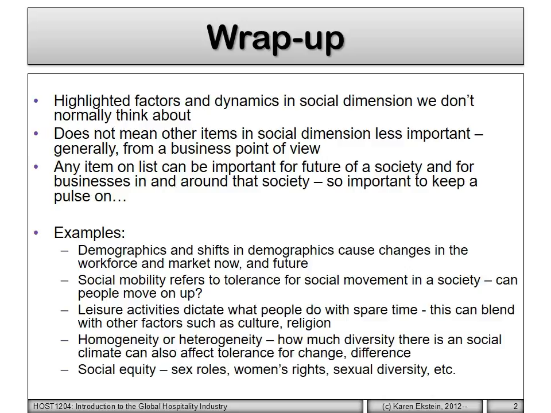Why would you want to understand the social characteristics of places where you're going to be offering tours? You would want to be able to understand all of these features before you send people to certain regions. The point is that we have a broad range of factors that we're looking at in terms of social factors, some of which we've highlighted here, but that by no means suggests that those are the only important ones.